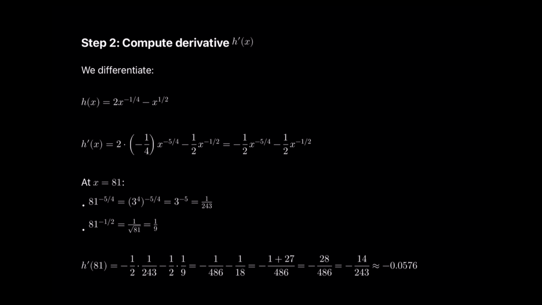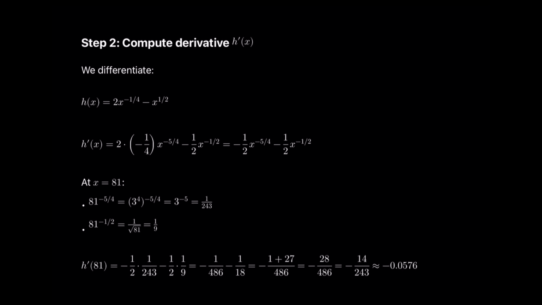At 81, we just use 81 as x. So 81 to the power of negative 5 over 4 equals 3 to the power of 4 to the power of negative 5 over 4. We will get 3 to the power of negative 5, so we get 1 over 243.